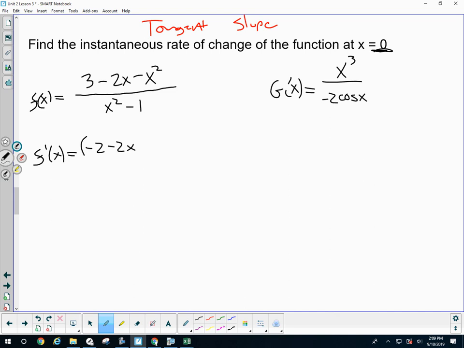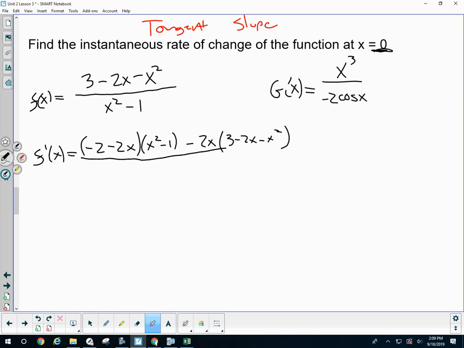Derivative of the top times the bottom minus derivative of the bottom times the top all over the bottom squared. Now, understand what the question is asking me. It's not asking me for a derivative.